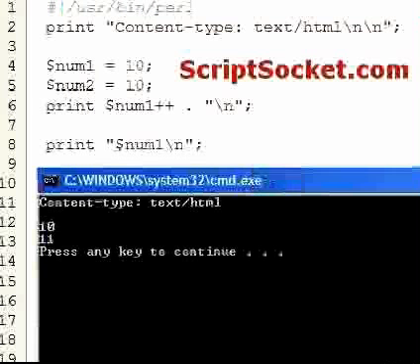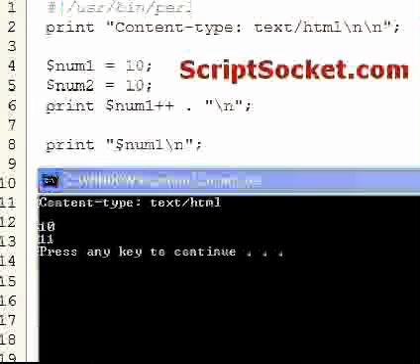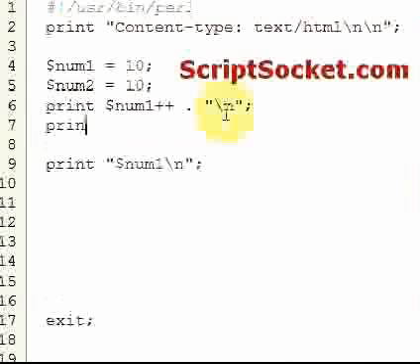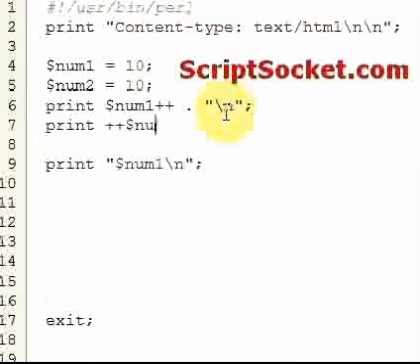Okay, so if we prefix the auto increment to num2, the auto increment will happen before the number is returned. So this will print out 11.